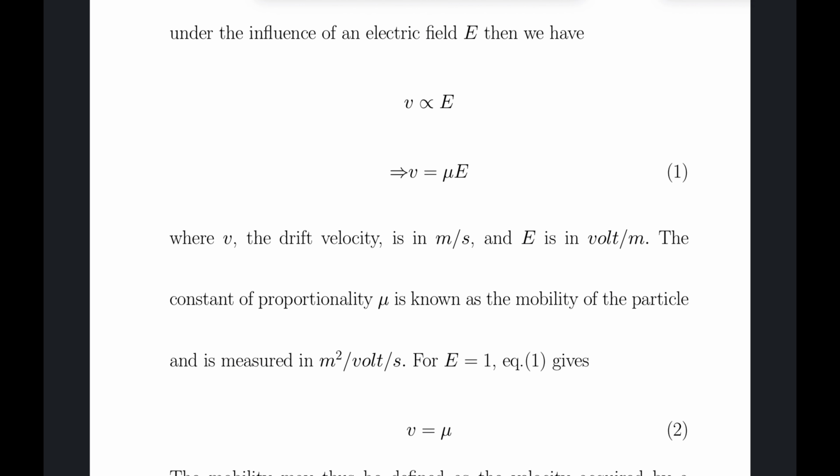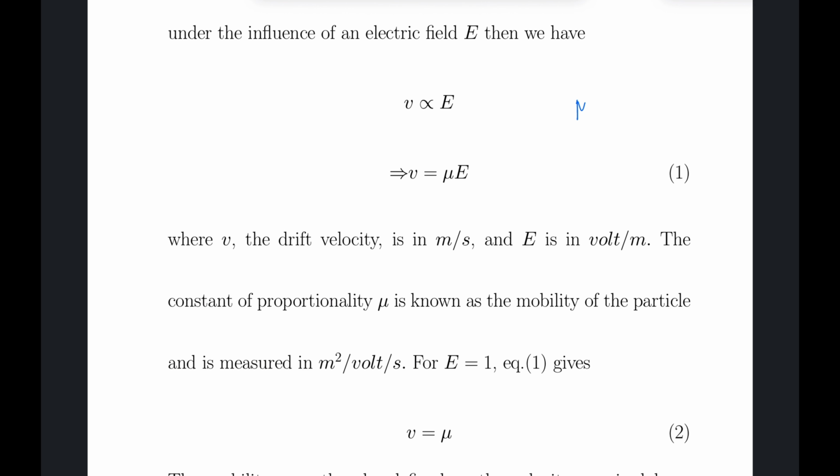Now, mu can be written as v upon E. V is measured in meter per second, whereas electric field is measured in volt per meter. And therefore, the unit of mu or the mobility will be meter square per volt per second.